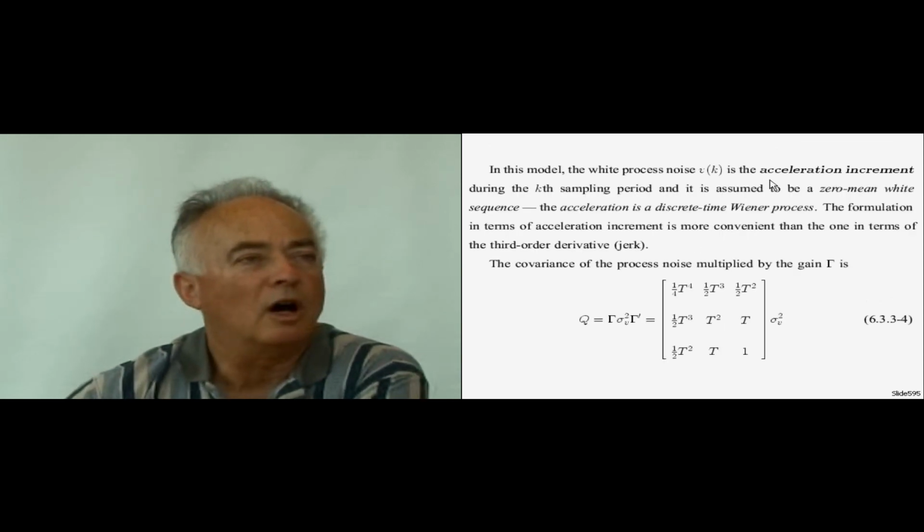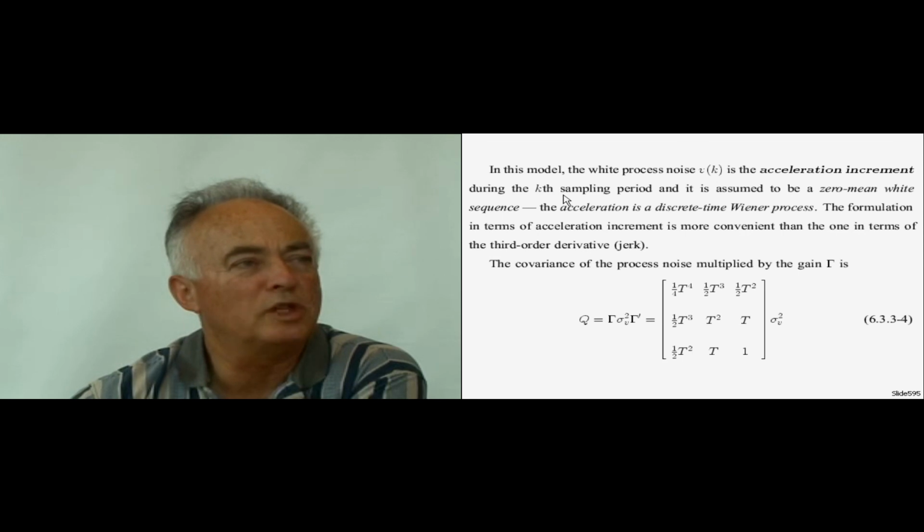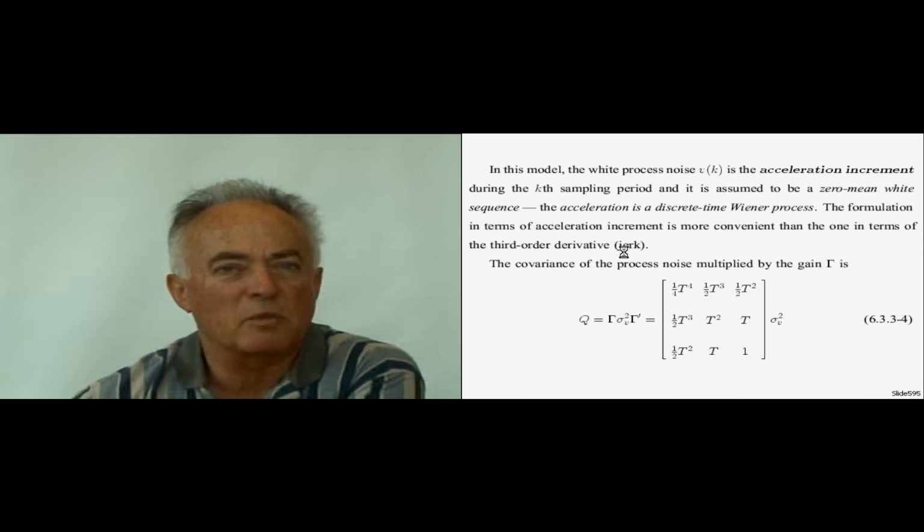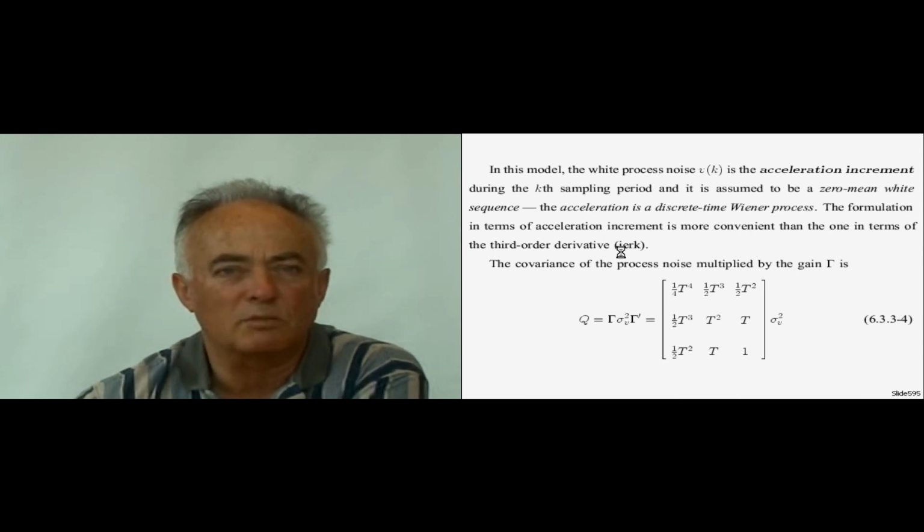So we can summarize that the white process noise v_k is the acceleration increment during the kth sampling period, and it is assumed to be a zero mean white sequence. Namely, the acceleration is a discrete time Wiener process. The formulation in terms of acceleration is more convenient than the one in terms of the third order derivative, the jerk, because we have a better physical intuition when it comes to the acceleration an object can undergo.